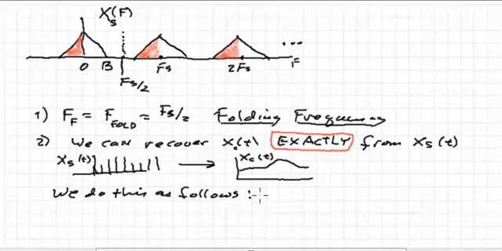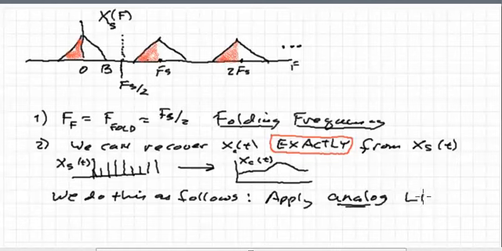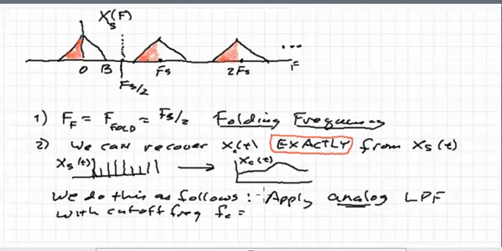We use an analog, when I say analog, I mean continuous time, low pass filter with cutoff frequency equal to the folding frequency.